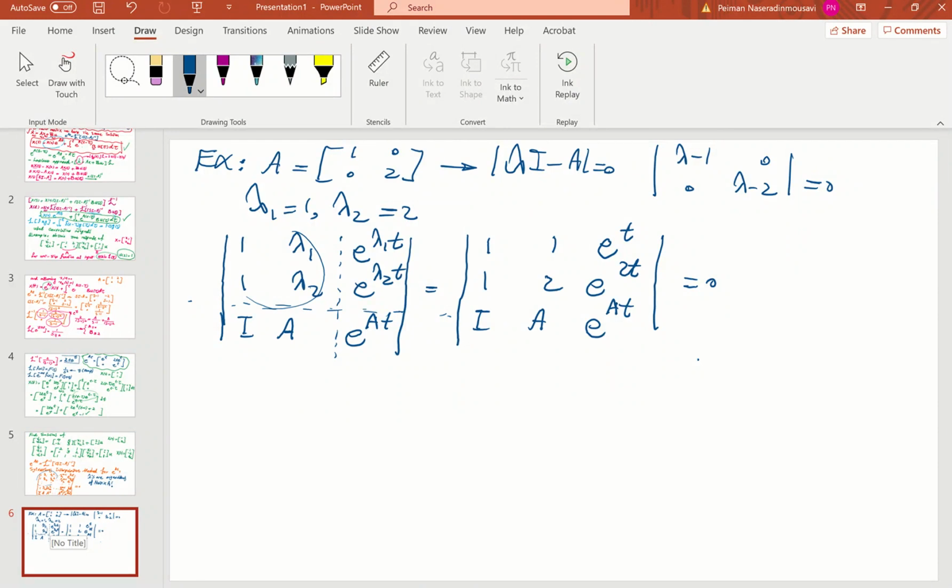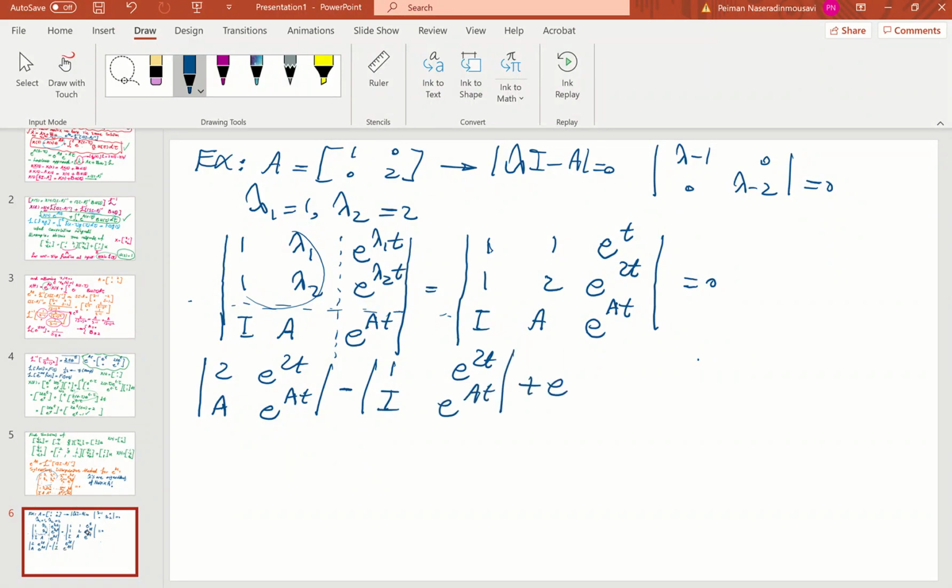So now you have to calculate the determinant, with cofactors: A, e^(At), minus 1 times the determinant of this, e^(2t), I, e^(At), and plus e^t times the determinant of 1, 2, I, A, equal to 0. Let me double check.